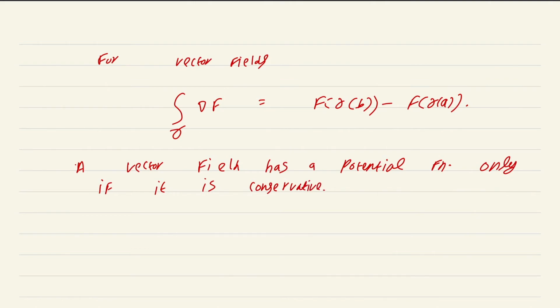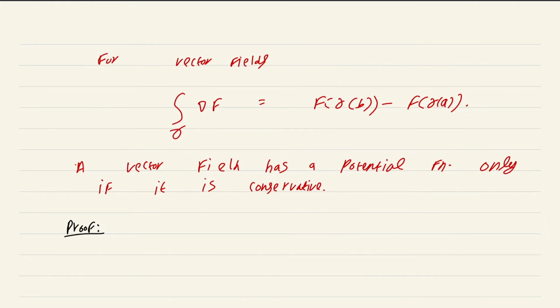In other words, a necessary condition for a vector field to have a potential function is that it is conservative. We will later address whether this condition is actually sufficient. So let's move on to the proof.